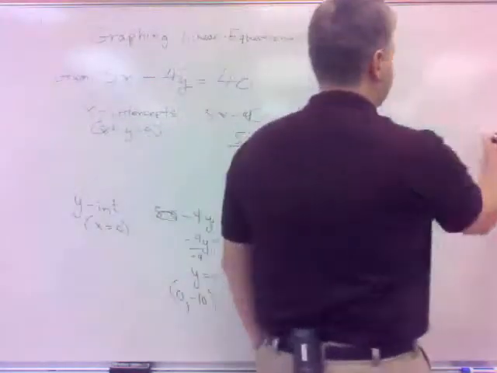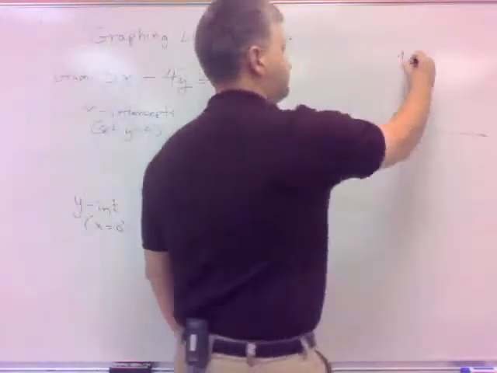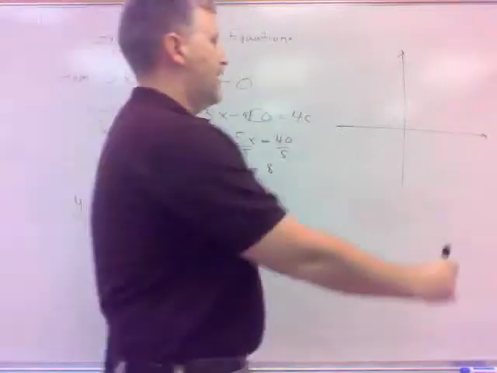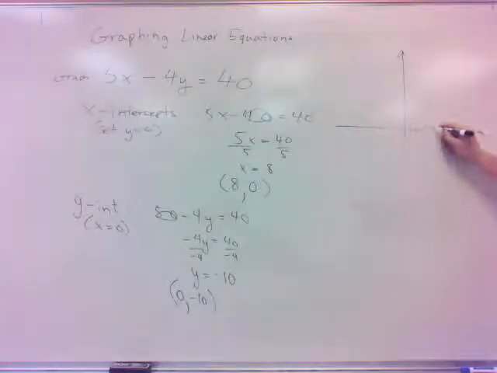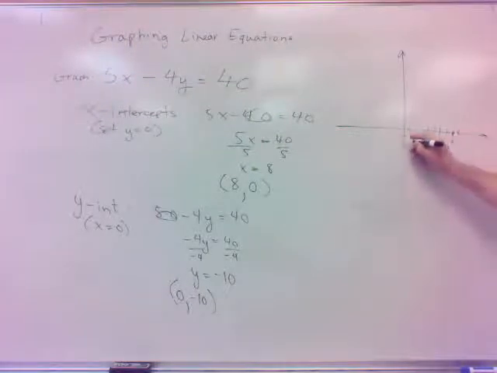And since we know this is a linear equation, our graph is a line, and 2 points do determine a line, right? So this is enough. So we go to (8, 0) and (0, -10).